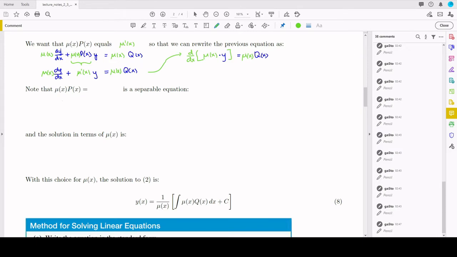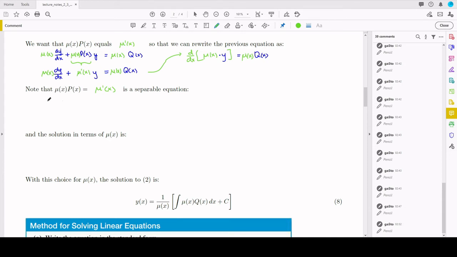So the big question now is, what is that mystery function mu? We know that mu of x times p of x has to equal mu prime of x. And I'm claiming that this is a separable equation, and it may help if I write it as follows.